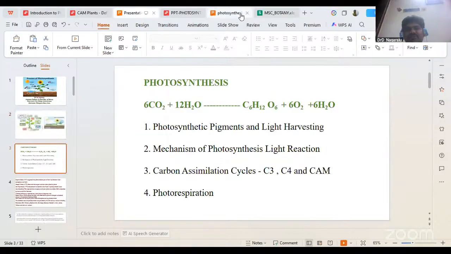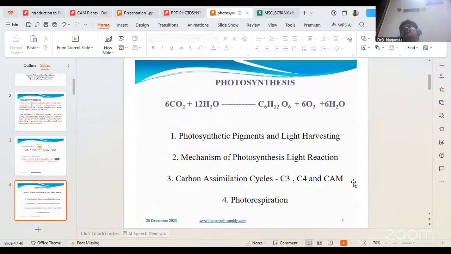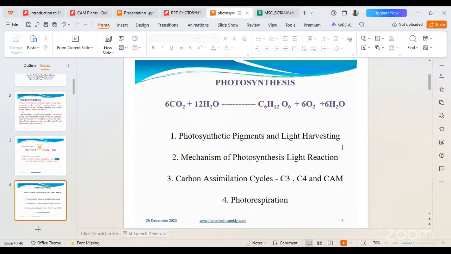Here you can see the basic fundamental reaction. It is already studied, so I won't mention it again and again. In our photosynthesis chapter, we are going to discuss four main units. The first one is photosynthetic pigments and light harvesting complexes, which absorb the light and release the energy.